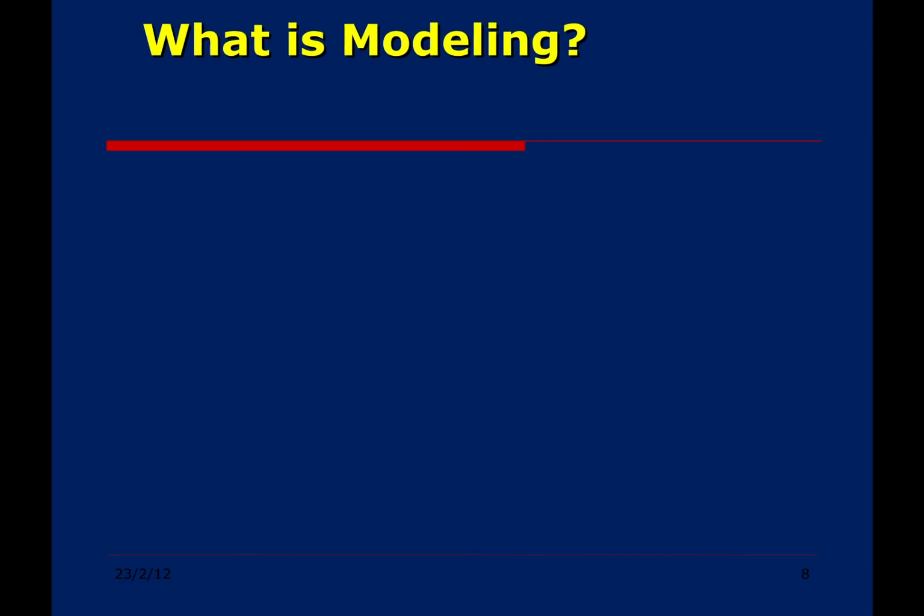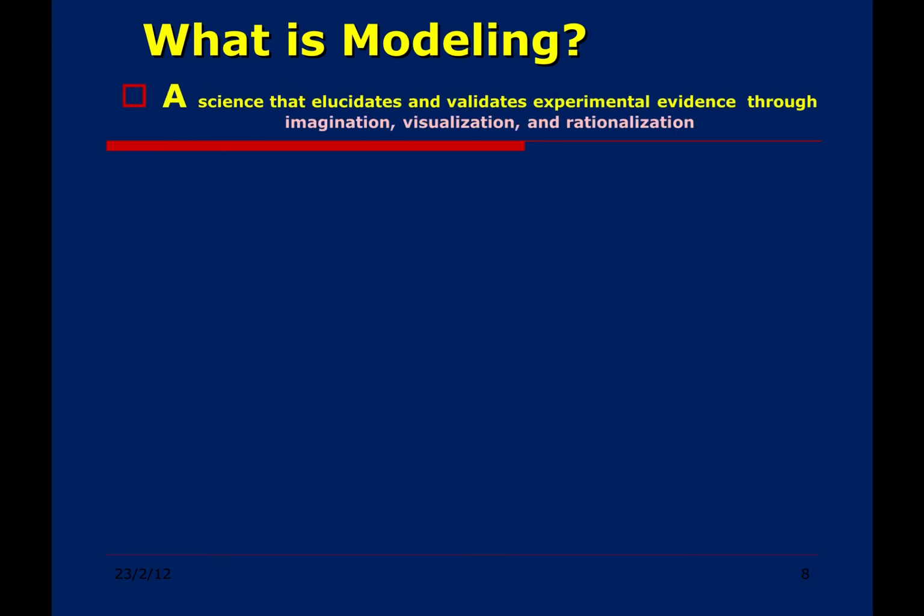So what is modeling? Many a time the term molecular modeling is used. Why do you need to model a molecule? In real walk of life, we hear about modeling on our television also. We see a lot of models advertising things. Basically, modeling is a science that elucidates and validates experimental evidence for imagination, visualization, and rationalization. It's a more effective way to express or promote something, and it's applied to many areas of research, academic and industrial.